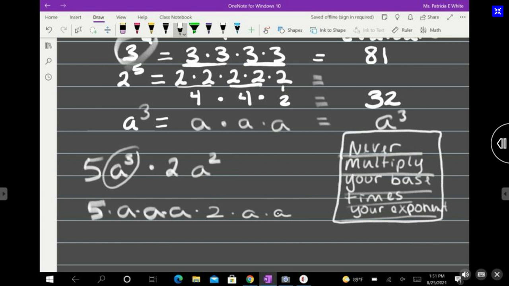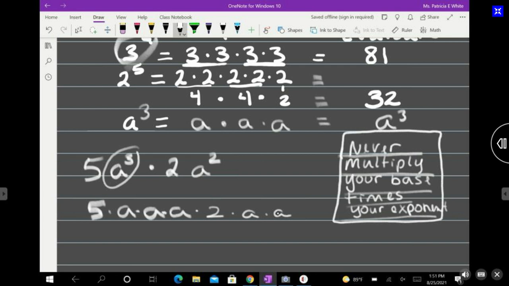What property is that? Multiplication. That's my commutative property, and it says when I am multiplying, order does not matter. I can multiply numbers in any order, and it's not going to change my answer.